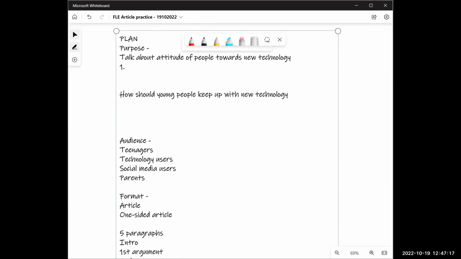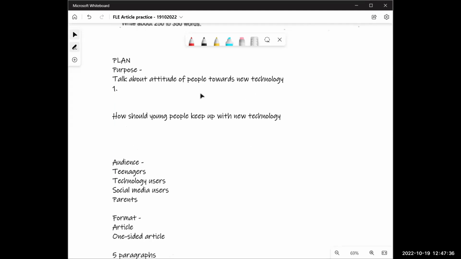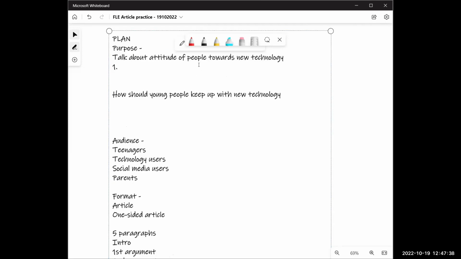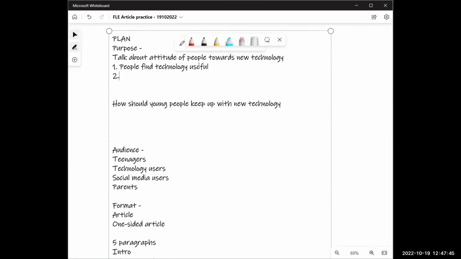Perfect. Now our job here is to see how people have an attitude about technology. Let's say people find technology useful. That's one. Another thing I can talk about is privacy issues.